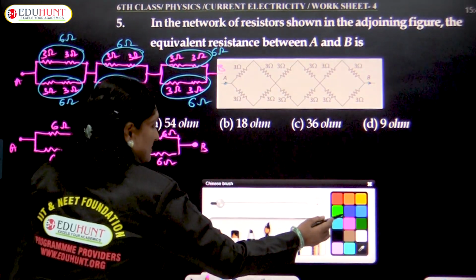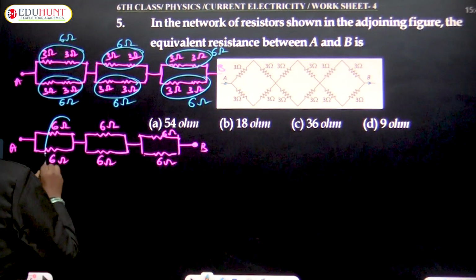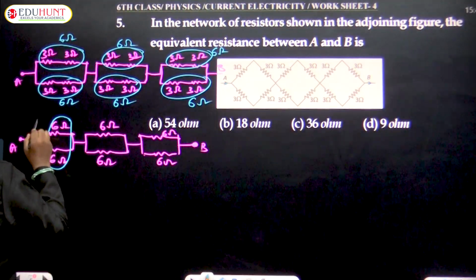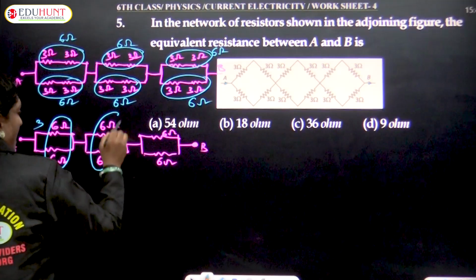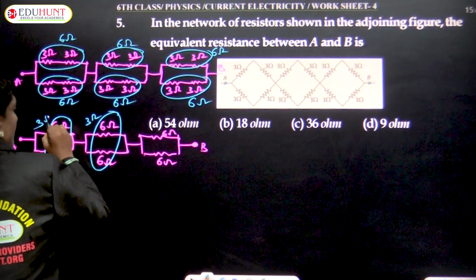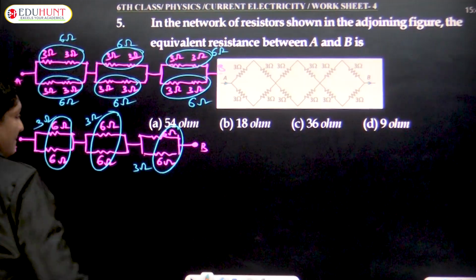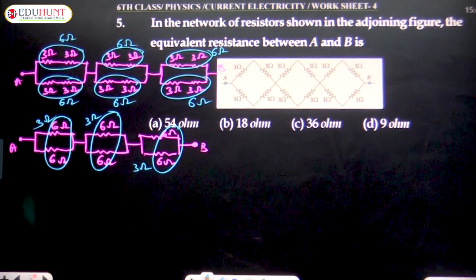When 2 equal resistors are connected in parallel, the resultant will be R by 2. So here R is 6, 6 by 2 is 3. Here also R by 2, 3 ohm. Here also 6 and 6 parallel, 6 by 2 is 3 ohm.